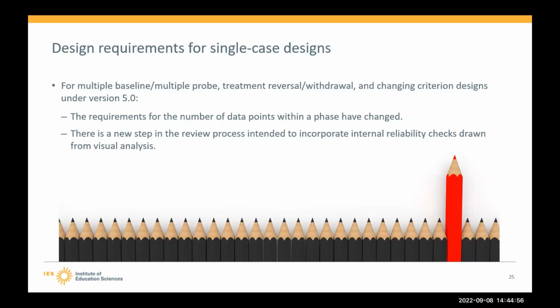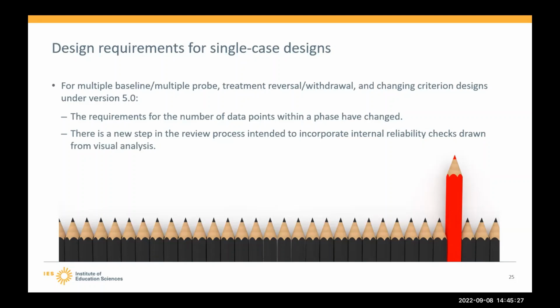So first, to receive that highest possible research rating of meets WWC standards without reservations, under the new standards, these designs are now required to have 6 or more data points in their initial baseline phase and 5 or more data points in every subsequent phase. So under previous versions of the standards, these types of single case designs were only required to have 5 data points in each phase in order to be able to receive that highest possible research rating.